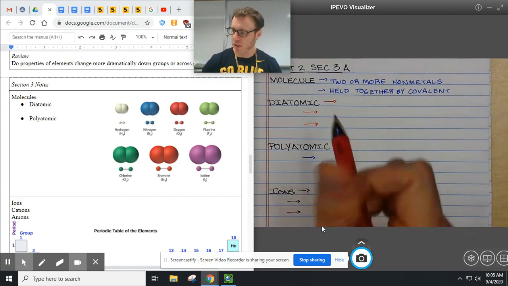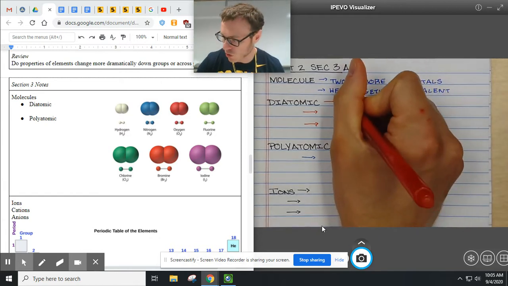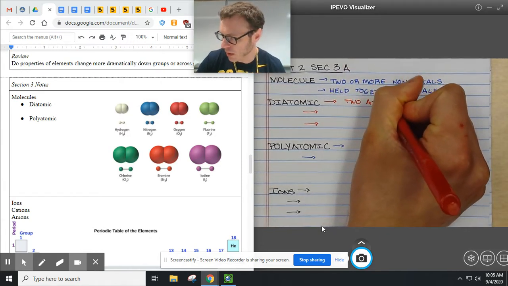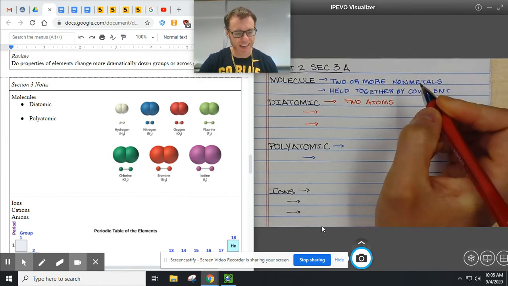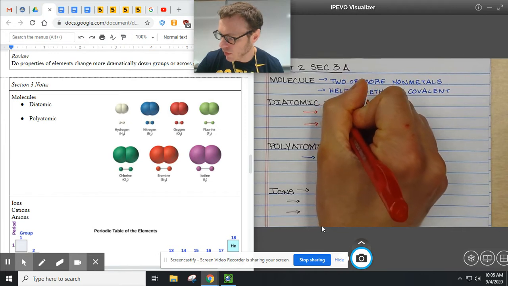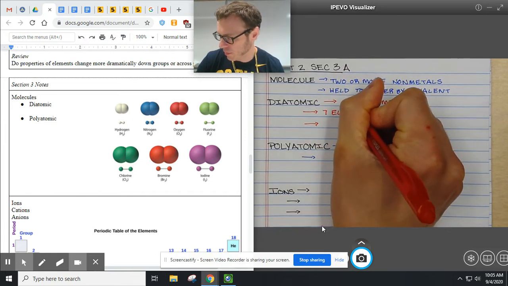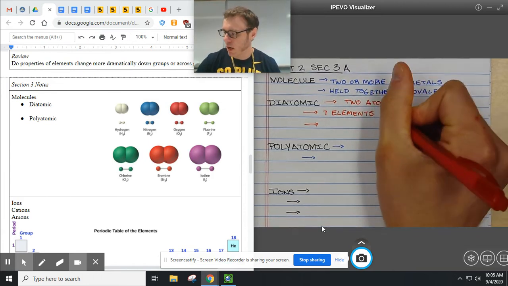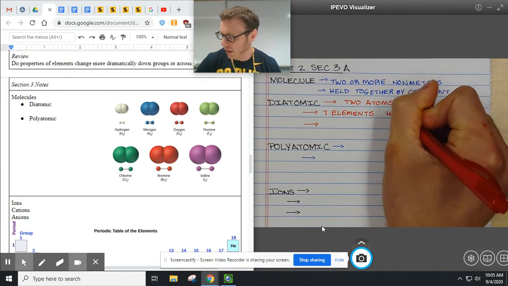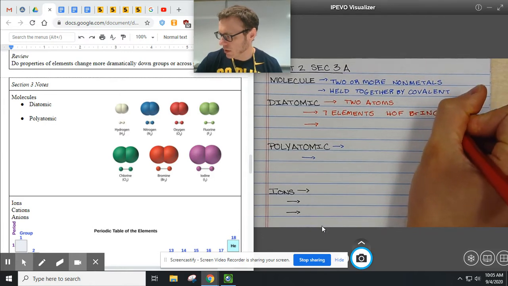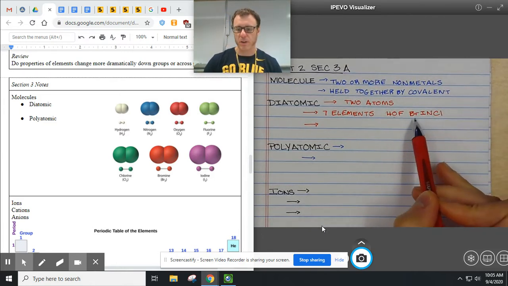Diatomic molecules, di means two, so this is two atoms. There are quite a few of these actually, and there are 7 elements that come as diatomic molecules. And those elements, I use this acronym, Hofbrinkel.